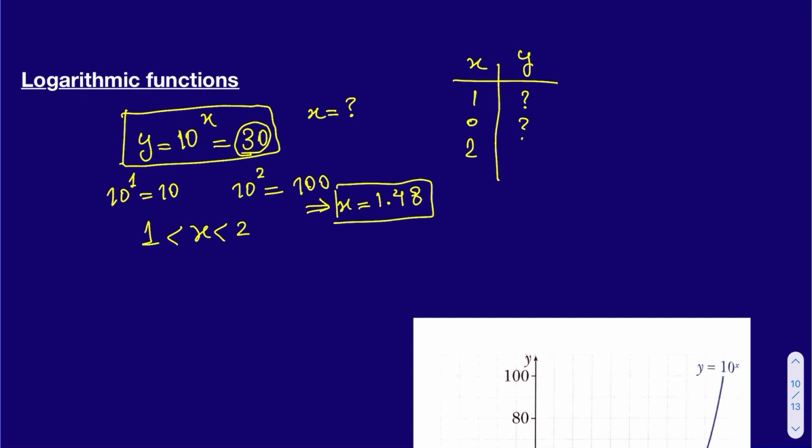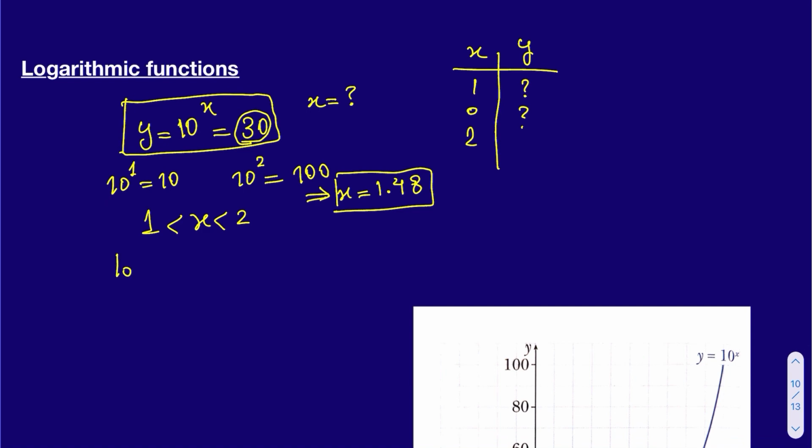But not always we need to plot the graph in order to find the value of x in such cases, okay? There is a function that gives the value of x directly. So, and that function is log 30 to base 10, which will give us the value of x, okay, which in this case is 1.48, all right?